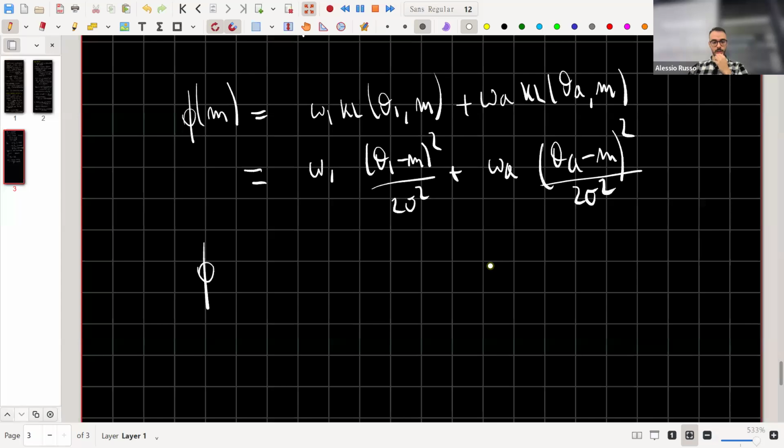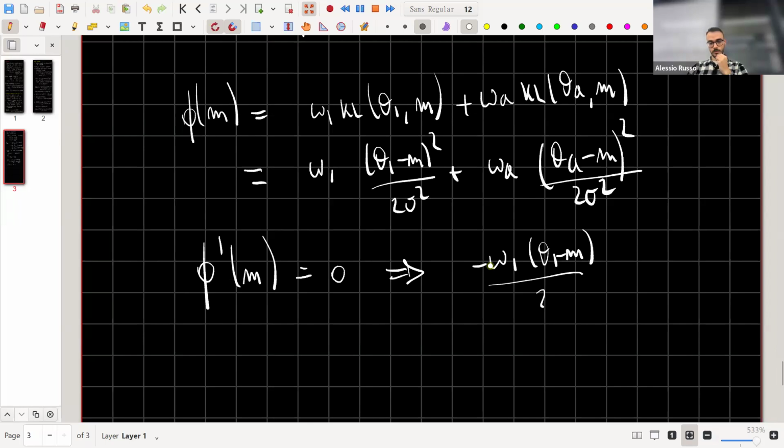So you can take the derivative and set it equal to 0, and we find the middle point I showed you before.